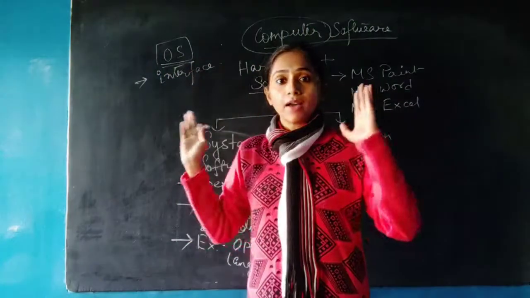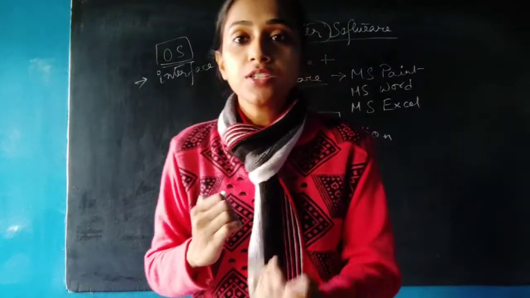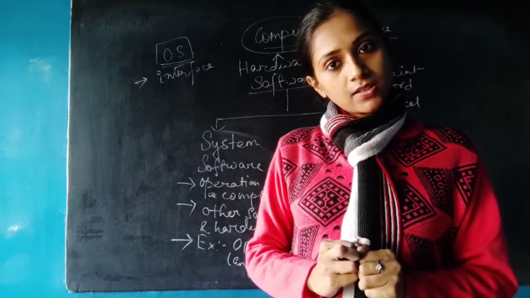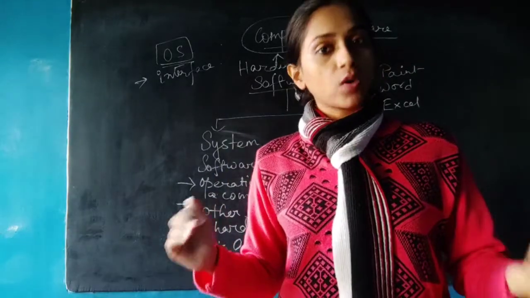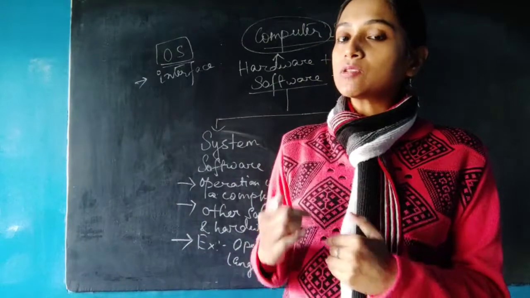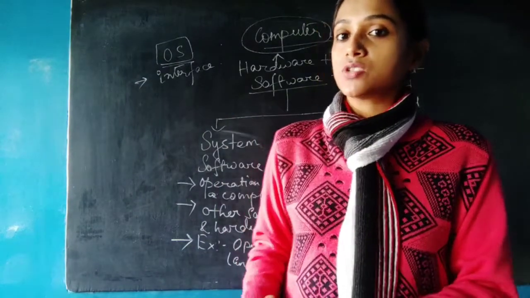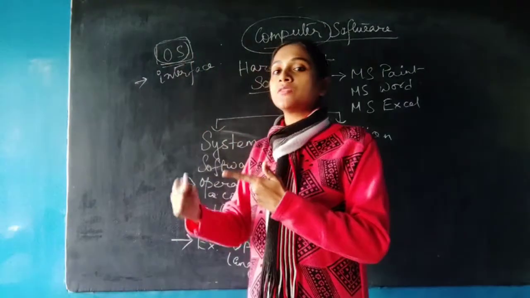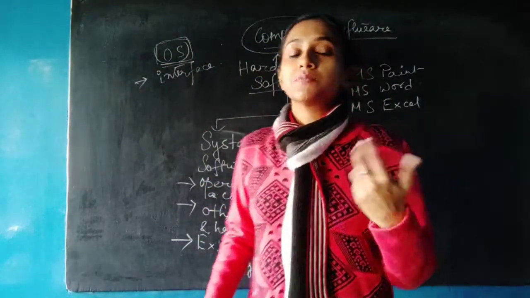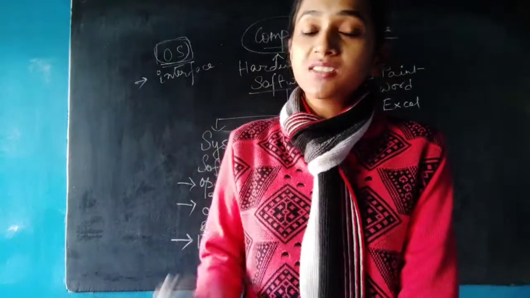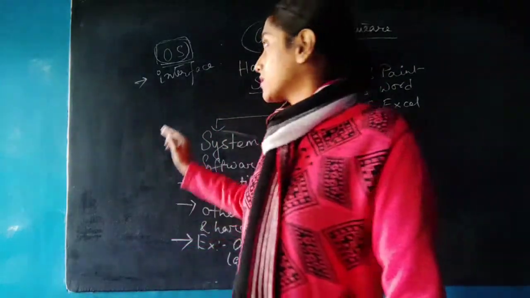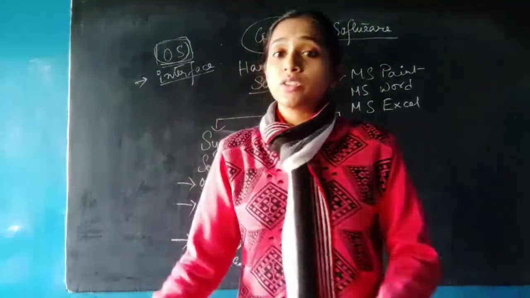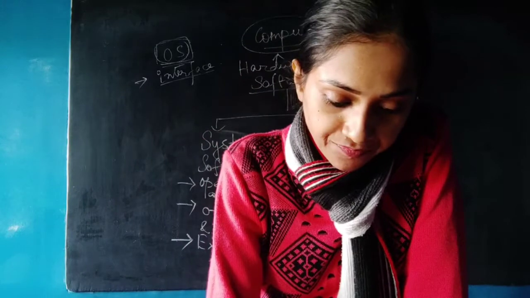OS understands my instruction and then converts it to the computer language and gives it to the computer. The computer now understands what my problem or requirement is. Now the computer gives a solution to this OS only. Now OS again converts it to my language and displays it on the screen. So this is the work of the OS, and that is why it is termed as an interface between the user and the computer.